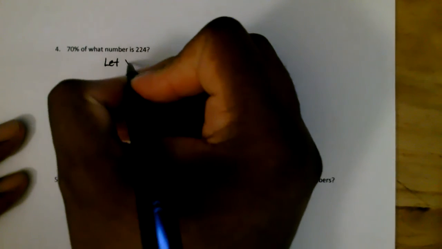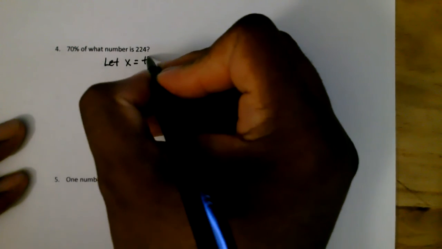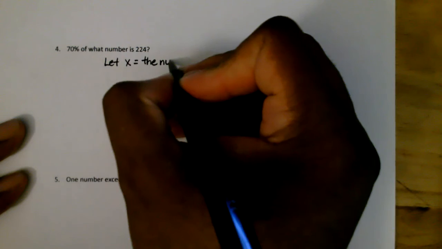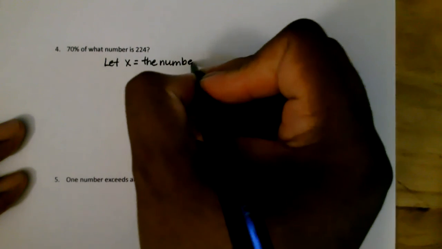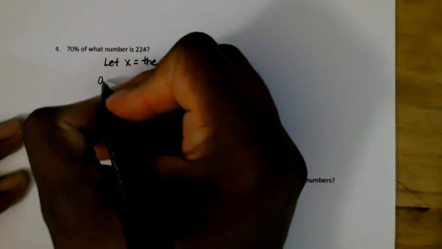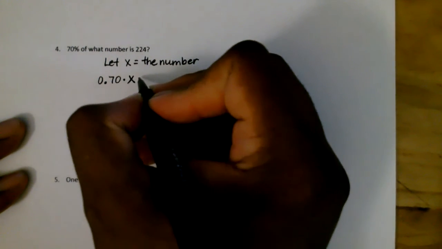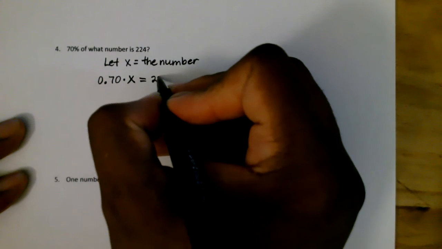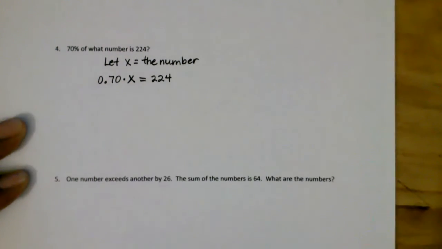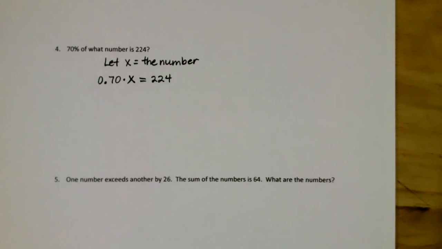But here we're going to let X be the number. 70%, as a decimal, will be 0.70. Of means to multiply, and X is the number we're looking for. Is the equal sign, 224. So you got 0.70X is equal to 224.